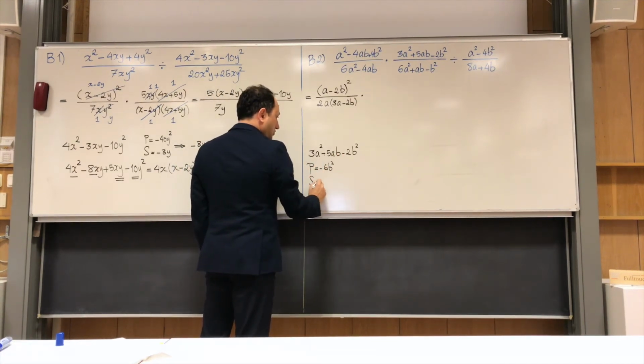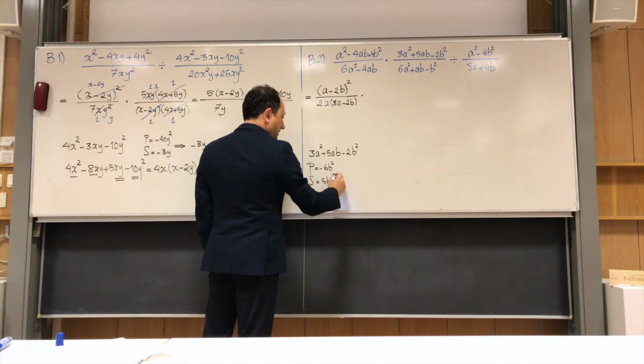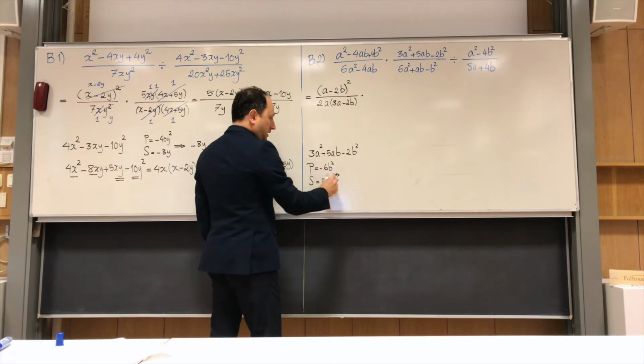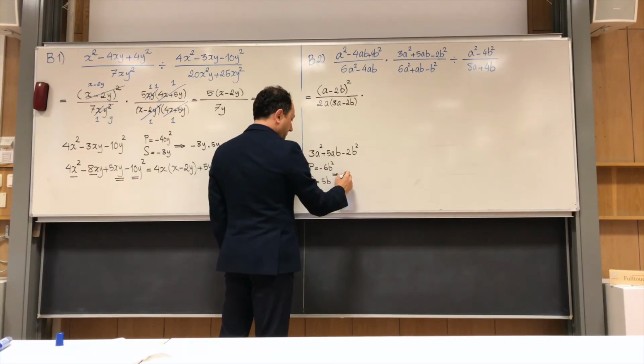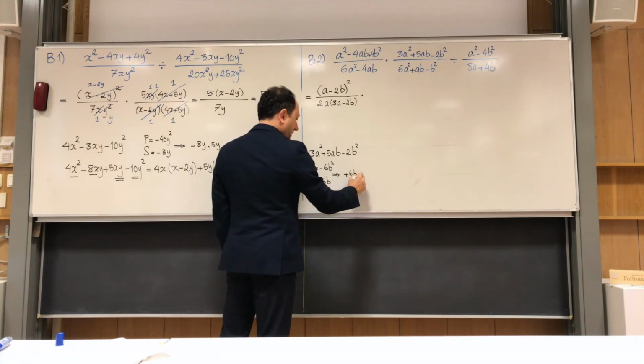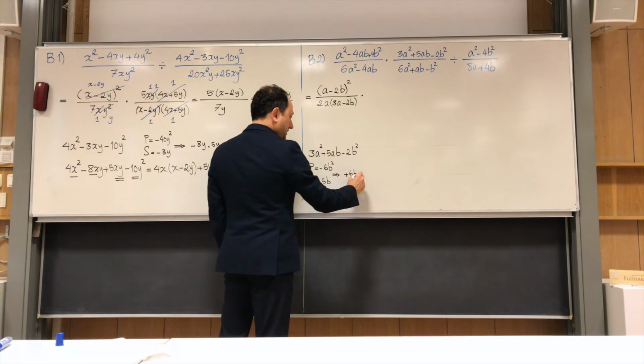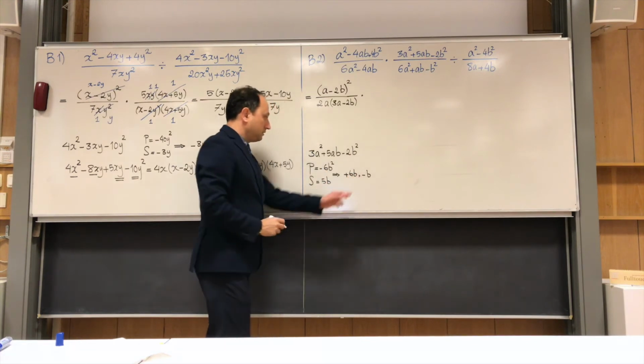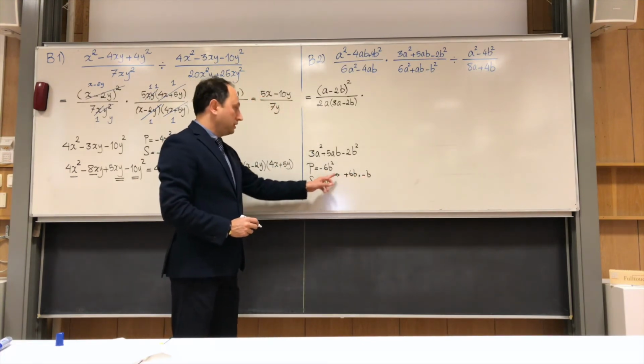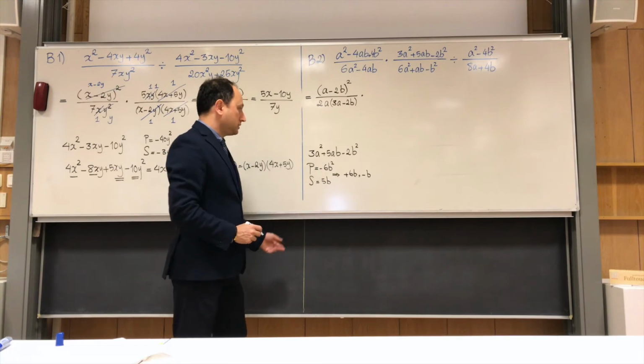The sum should be 5b. Then it is easy to guess them. So the expressions that I am looking for are positive 6b and negative b. Yes? If I add them, it becomes 5b. If I multiply them, it becomes minus 6b squared.